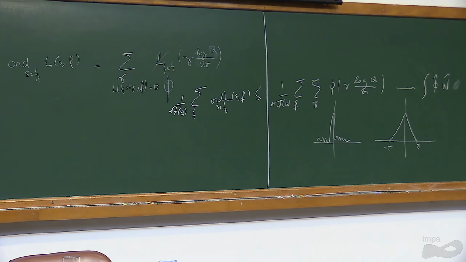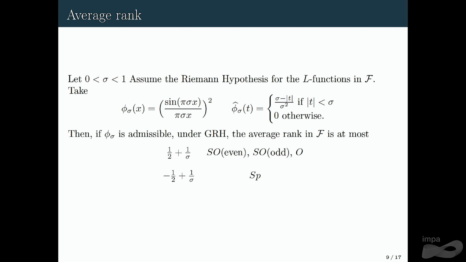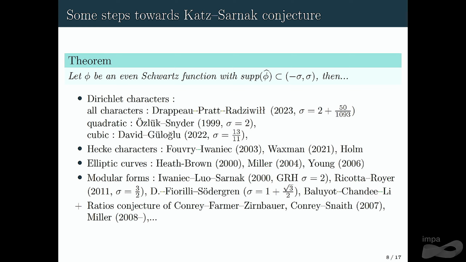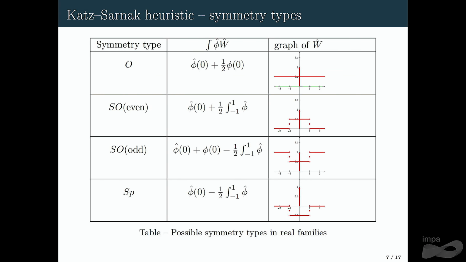So for example, in the case SO even or SO odd or orthogonal, if I don't get past support 1, they all look the same. I don't know if you looked at that. They all look the same between -1 and 1. They are orthogonal families, so the integral is going to be the same.